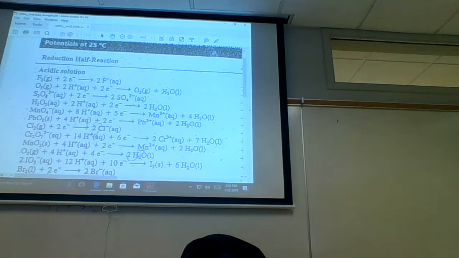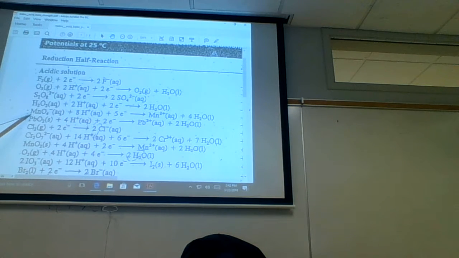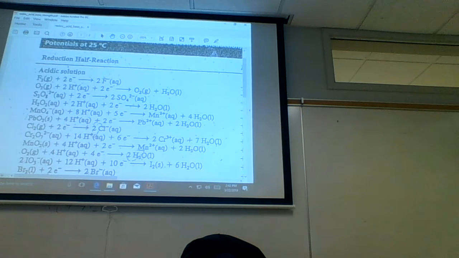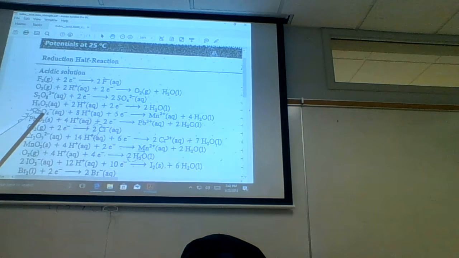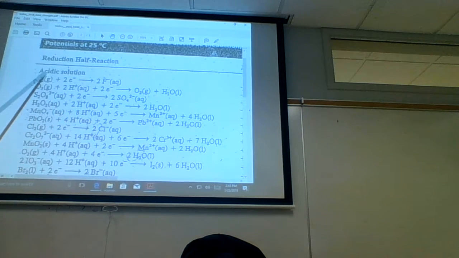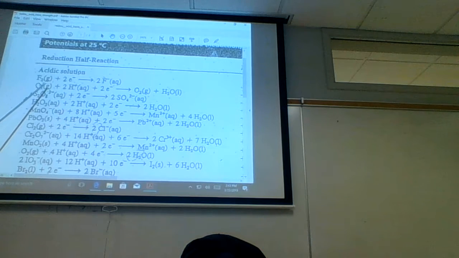Anyway, can you see why this is electron poor? It's not because of the negative charge, it's because of the +7 charge on manganese. That makes it electron poor. That makes permanganate a powerful oxidizer. So all these species here are powerful oxidizers. Fluorine, ozone, hydrogen peroxide, permanganate.